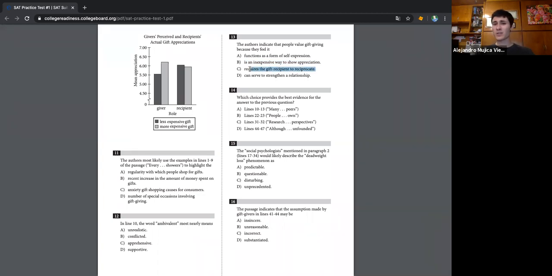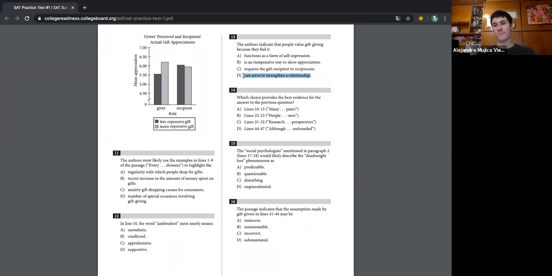Requires the gift recipient to reciprocate? Not really. I mean, I'm sure some people like that if I give a gift to you, then you have to give a gift to me. But I mean, if we're talking about efficiency, I might just as well buy a gift for myself, right? So it doesn't really make too much sense for this to be the general reason behind gift giving.